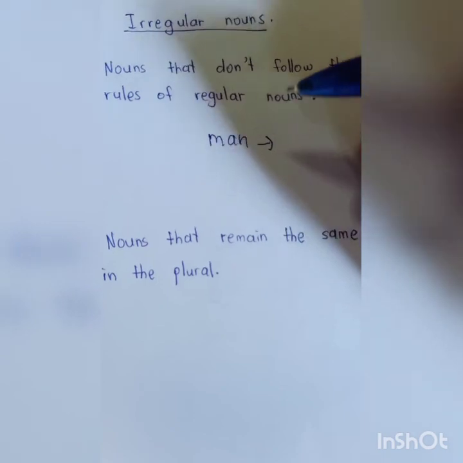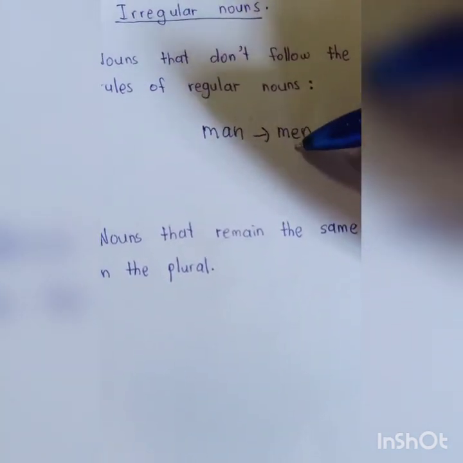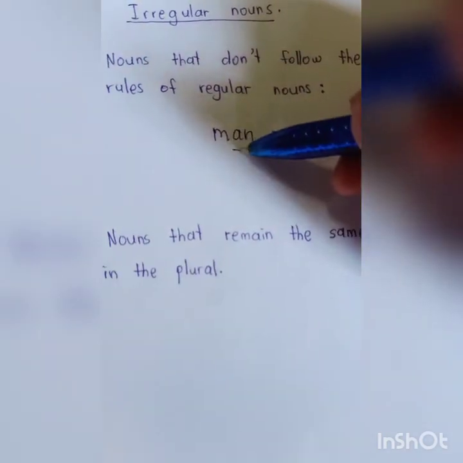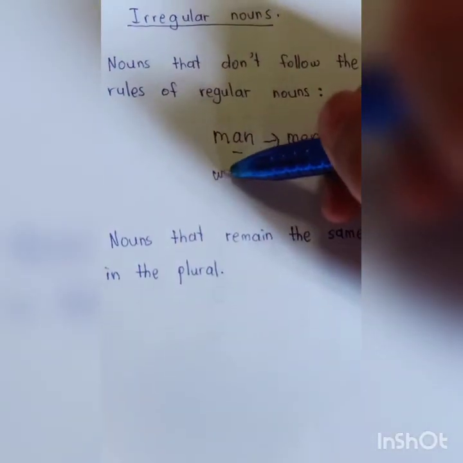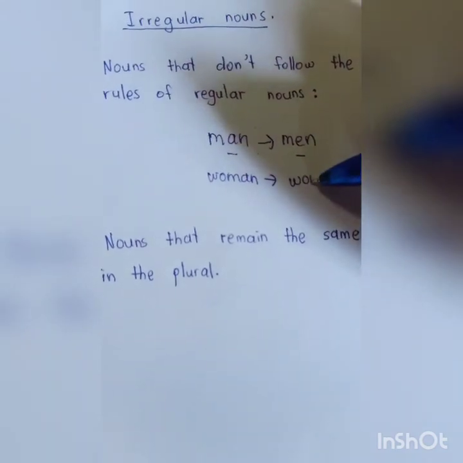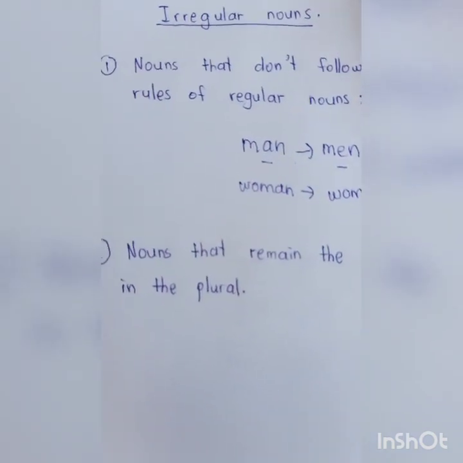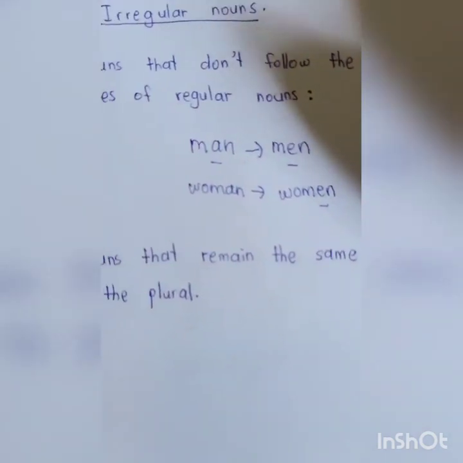So, the plural for man is M-E-N. We have to change A into E. Woman. So, it becomes women. W-O-M-E-N. Children. Child.